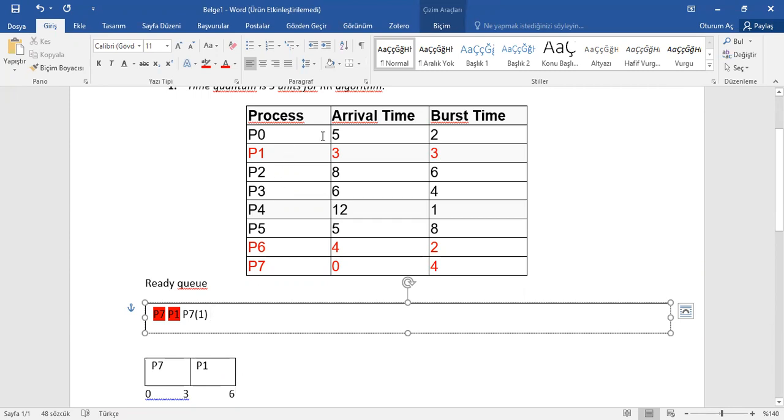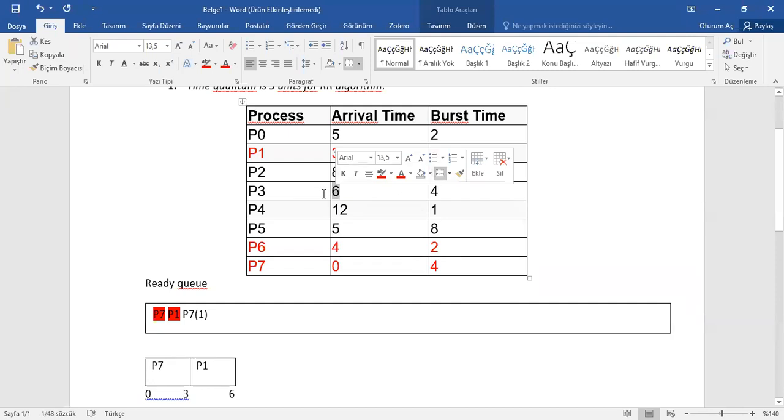So which processes have arrived? Process 0 arrived, process 5, and process 3. Yes. Okay. And process 6 again. Yes, I heard you.